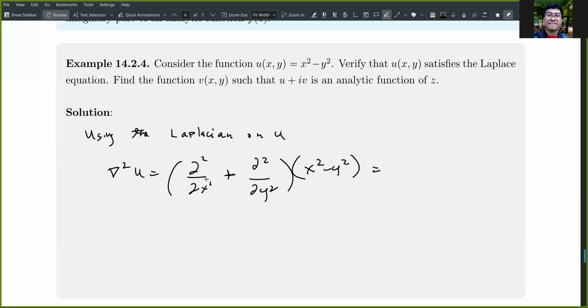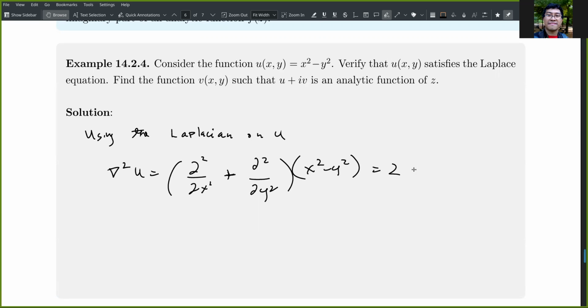If we take the partial derivative on x squared, you initially get 2x, and then the second derivative is 2.